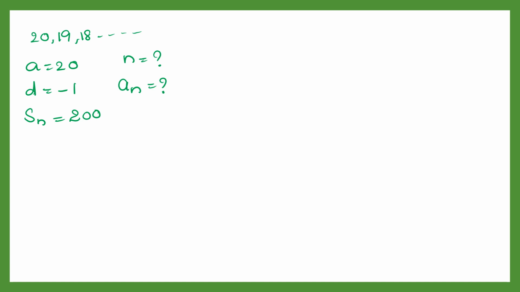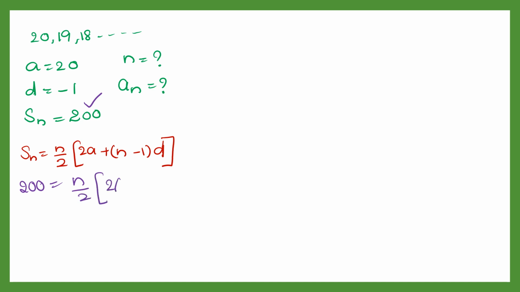Let's see. We know the formula for Sn. Sn is n by 2 into 2a plus n minus 1 into d. This is the formula for Sn. Let's substitute. Sn is 200. So 200 equals n by 2 into 2 into 20 plus n minus 1 into common difference d, which is minus 1. So this 2, if it goes to the left hand side, it becomes 200 into 2, that means 400.